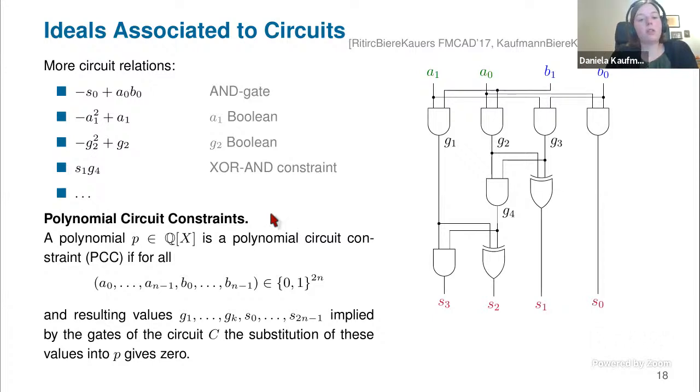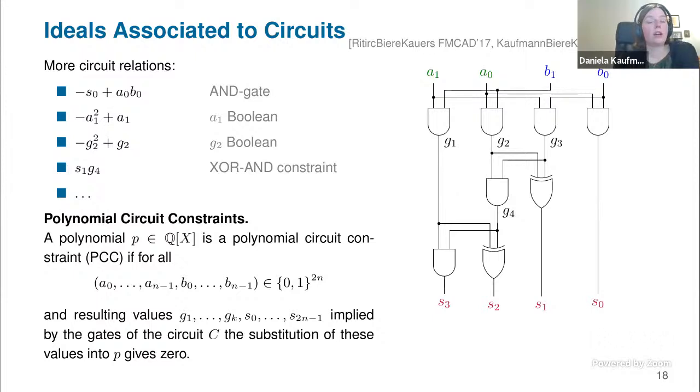And we call all these circuit relations the polynomial circuit constraints, and they have the following definition. So a polynomial is such a circuit constraint if for all possible inputs, so for all combinations of the Boolean variables on the inputs and the resulting values that are computed by the circuit for the G1 to Gk and the outputs, the substitution of these values in the polynomials always gives the value 0.